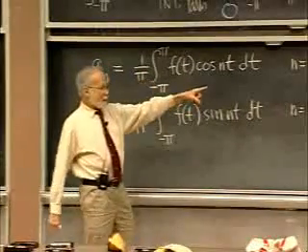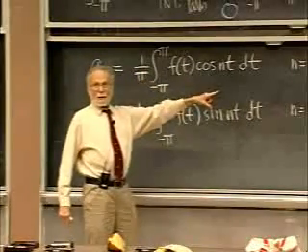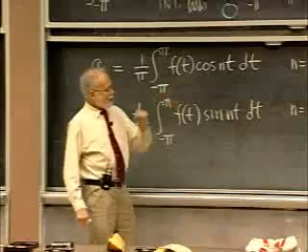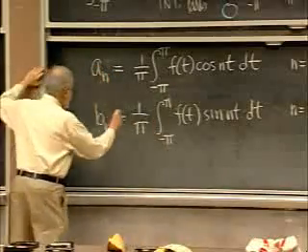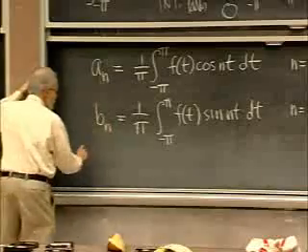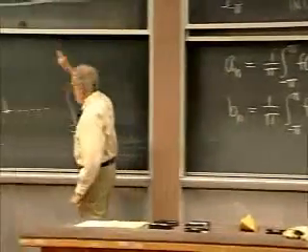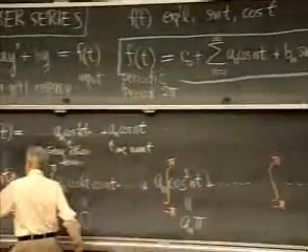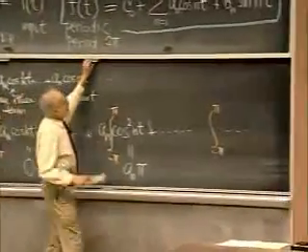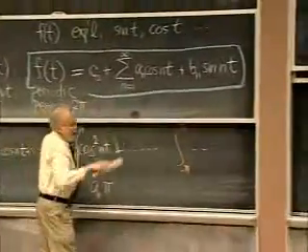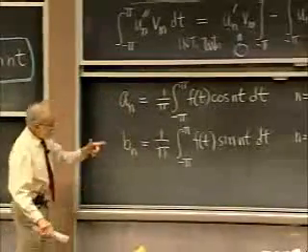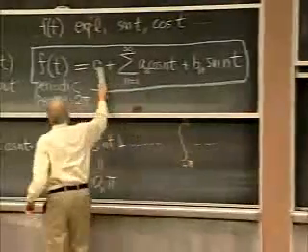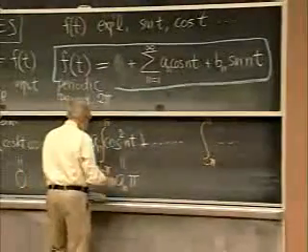Well, then you're not going to get the right leading term. Instead of getting c0, you're going to get twice it, and therefore the Fourier series isn't written this way. If you want an a0 there, calculated by this formula, then you've got to write not c0, but a0 over 2.